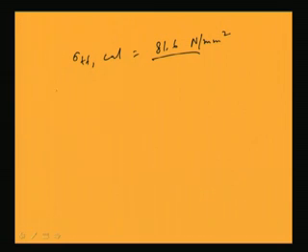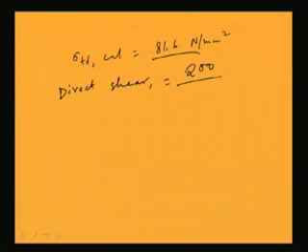Now, again direct shear we have to find out. Direct shear in each rivet can be found out as the force was 200 kilonewton and the number of rivets is 2 into 9. So, this is coming 11.11 kilonewton.